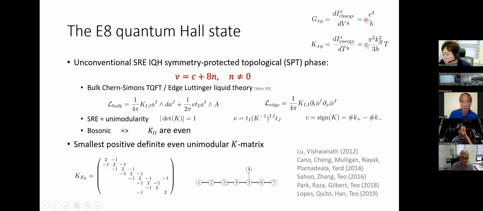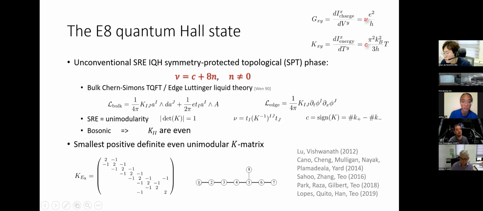So you can see that there are 8 nodes that correspond to the 8-dimensional K matrix. Each node corresponds to a diagonal entry of 2, and there are 8 diagonal entries. Each one is 2, so they are represented by these 8 nodes. And each link here corresponds to the minus 1.